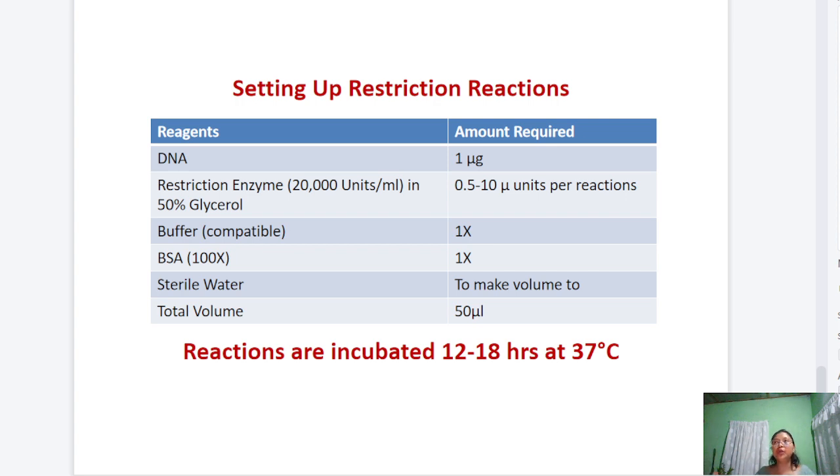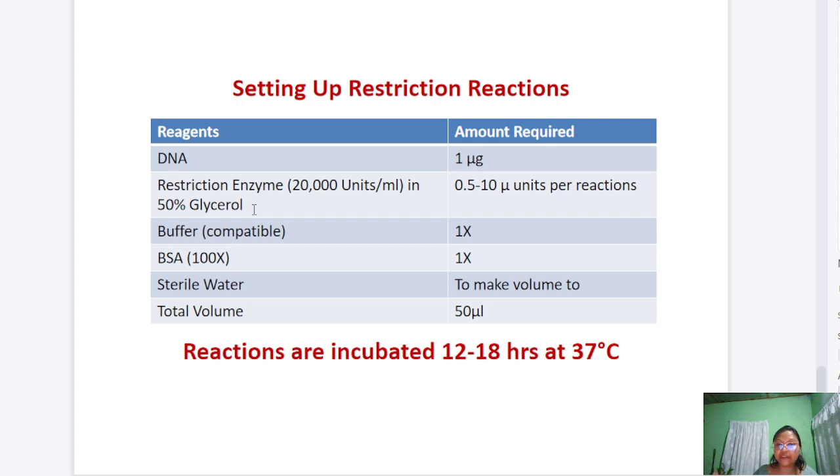Now, if you're going to perform this in the lab, if you have isolated the DNA, say for example of a plant, and you want to cut the genome of that plant DNA by any restriction enzyme, what is the standard setup? So if you look here, the DNA has to be 1 microgram. And then the restriction enzyme, depending on what enzyme and from where we have ordered, is basically 20,000 units per ml in 50% glycerol.